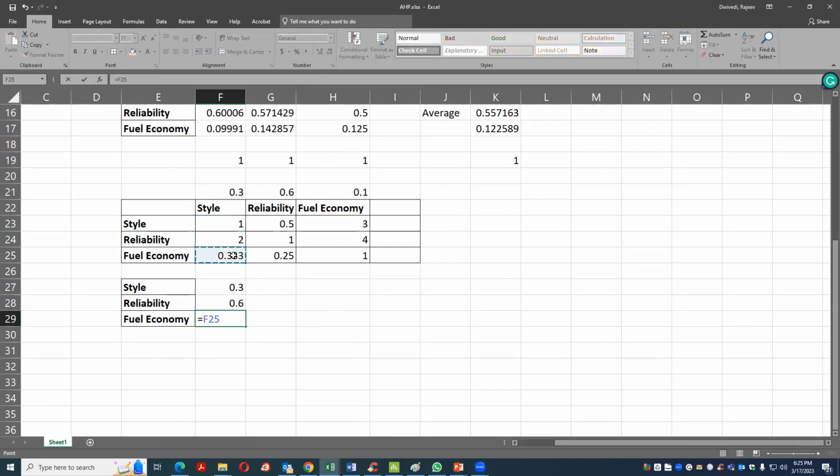Similarly, this multiplied with this. So I'm going to do the entire 0.5 multiplied with 0.6, 1 multiplied with this.